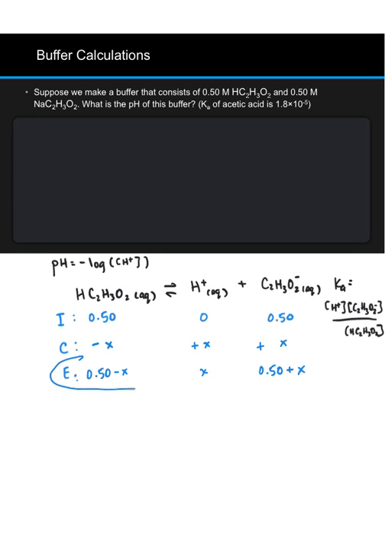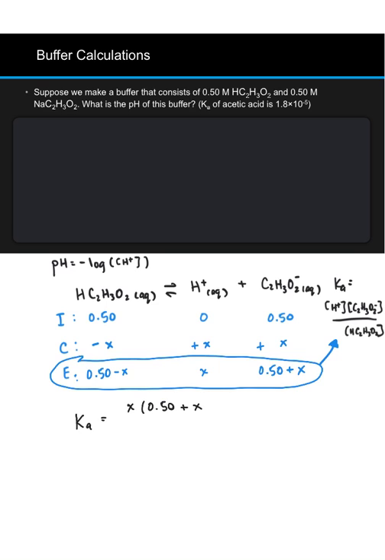From these equilibrium concentrations, we can plug directly into our equilibrium constant expression and solve for X. Ka is equal to the concentration of H plus at equilibrium, that's X, times the concentration of acetate, 0.5 plus X, divided by the concentration of acetic acid, 0.5 minus X. The value for Ka that we're given above is 1.8 times 10 to the minus 5.